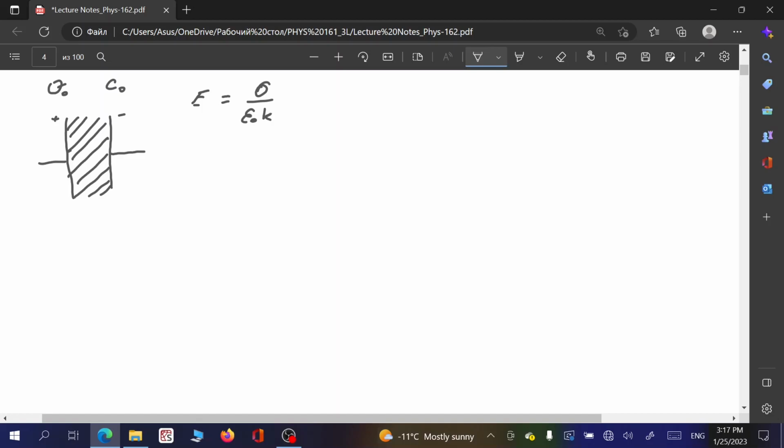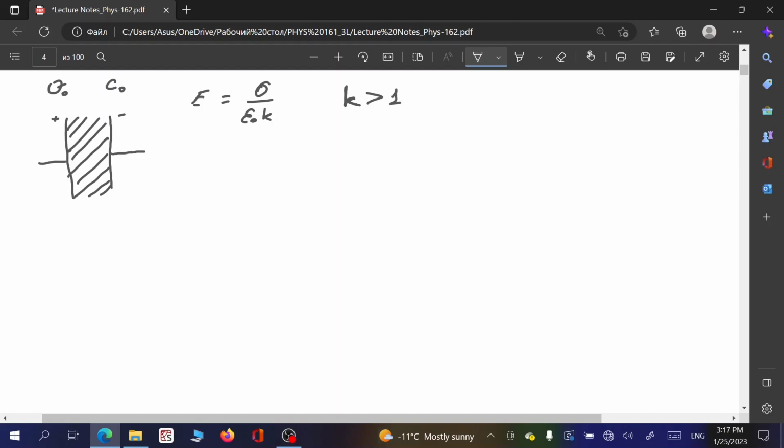So if we replace vacuum, let's say, fill vacuum with some material, that dielectric constant as a property of this material defines how many times we reduce the magnitude of the electric field. And usually we deal with k values that are always larger than unity.